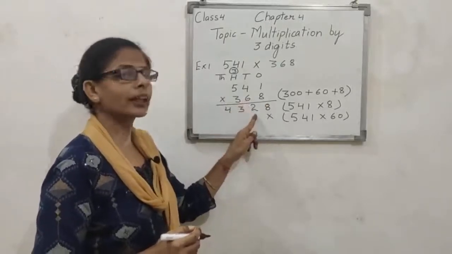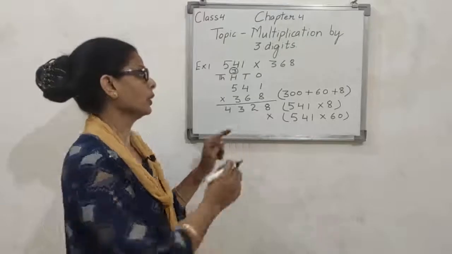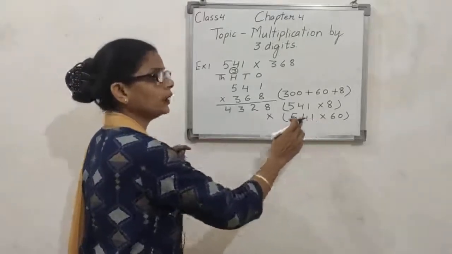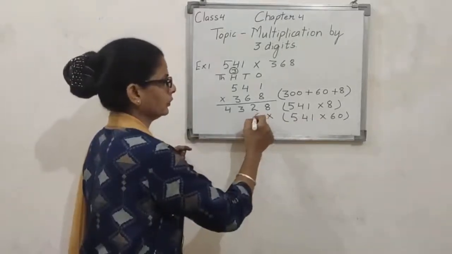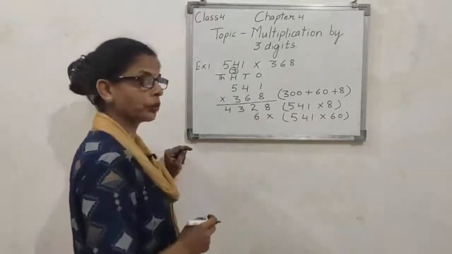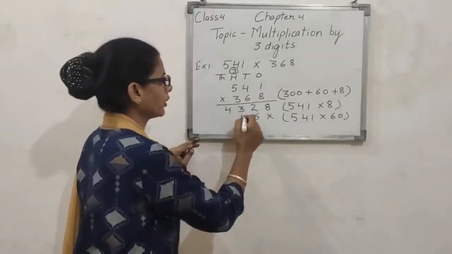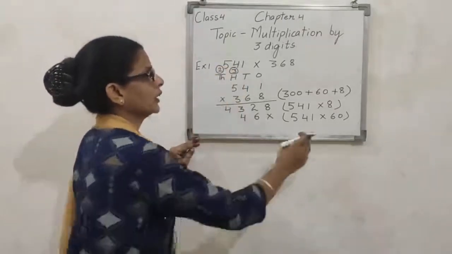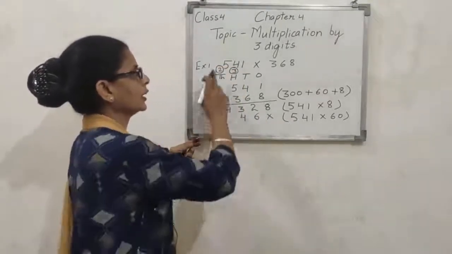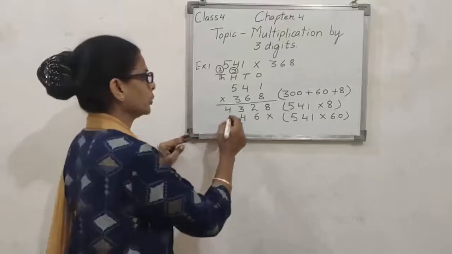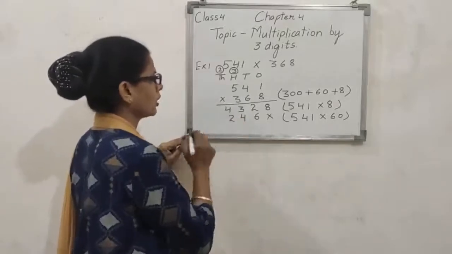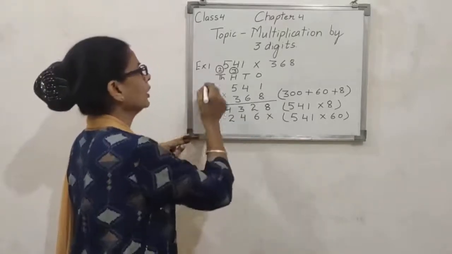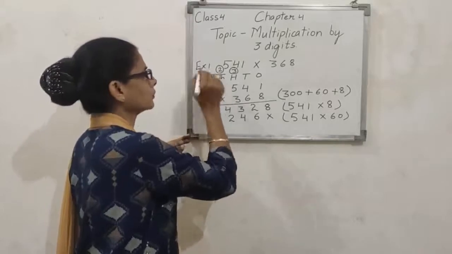So, we will start writing the answer from the tens place only. So, 6 ones are 6. 6 fours are 24. 4 will be written on the hundreds place and 2 will be carried on the thousands place. 6 fives are 30. 30 plus 2, 32. So, 2 will be written on the thousands place and 3 will be written on the ten-thousands place.